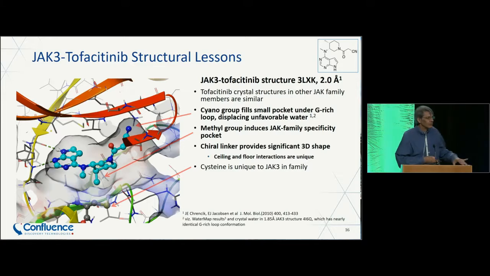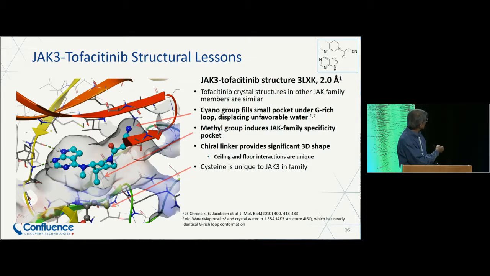So you have a flat binding pocket, but you also have done that very close to it, and you kind of lock it in, like a typical key in a lock concept. And so that 3D shape really gives tofa a lot of its properties as far as potency and also selectivity versus the kinome.